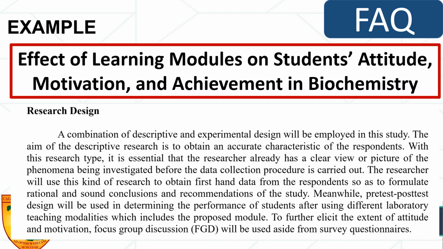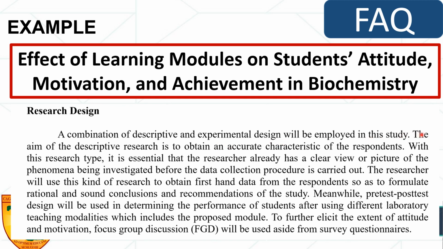So this is an example. We'll see how the research design is written. So the title of this study is The Effect of Learning Modules on Students' Attitude, Motivation, and Achievement in Biochemistry. So our first step is to state the method or the design used. So here you will see it's a combination of descriptive and experimental design. And then you justify why you use descriptive and experimental design.